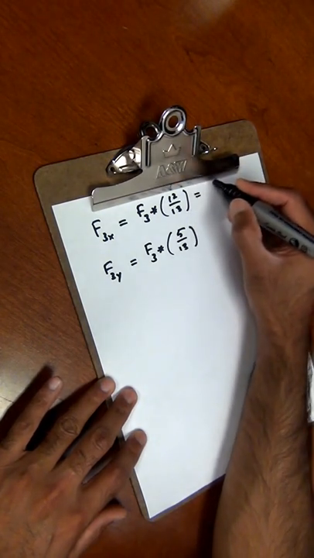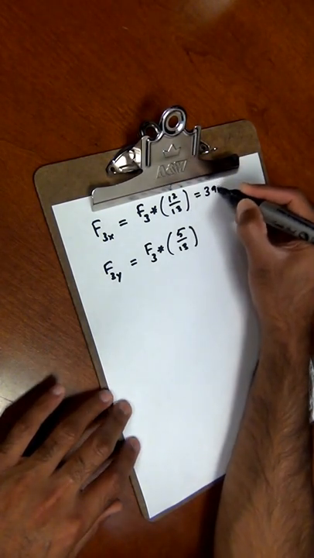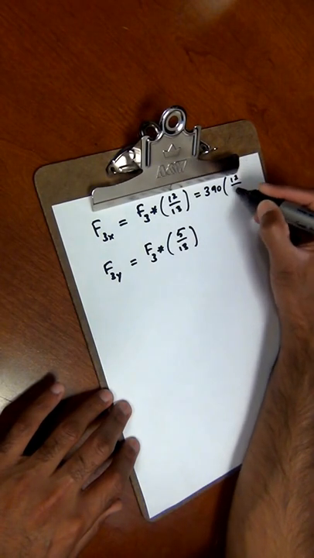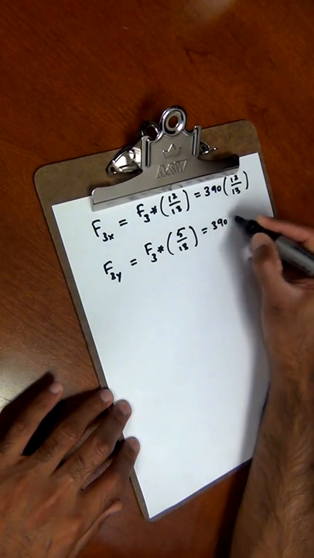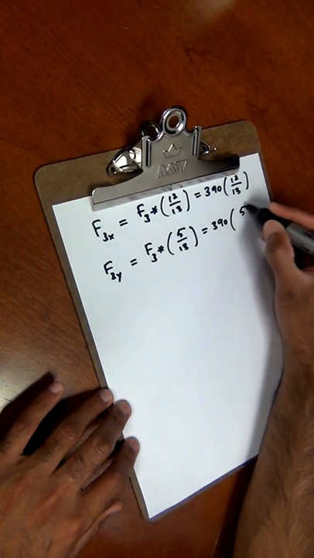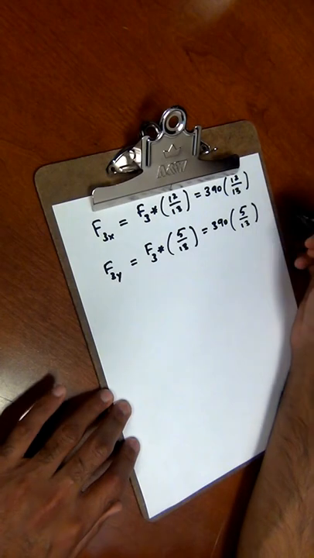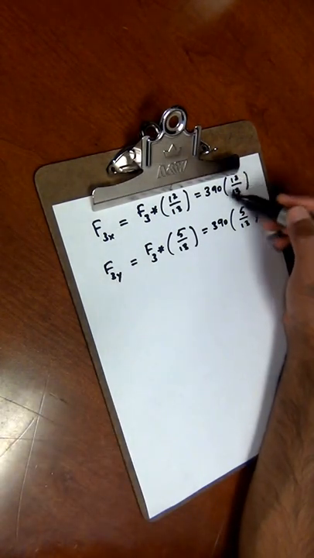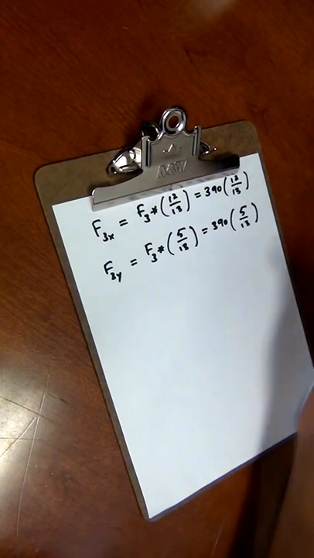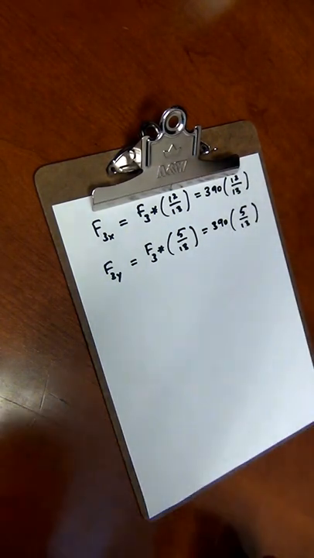F3 was a magnitude of 390 newtons, and 12 and 13 is a ratio here. This is going to be 390 times 5 by 13. 13 times 3 is 39, so this is essentially 30, and so this is going to give you 360, and that's going to give you around 30 times 5 is 150 newtons.